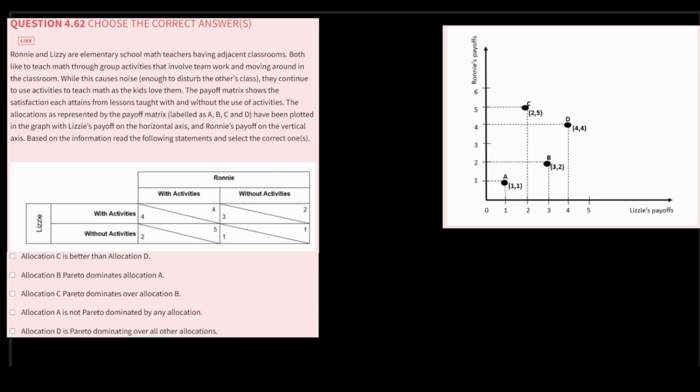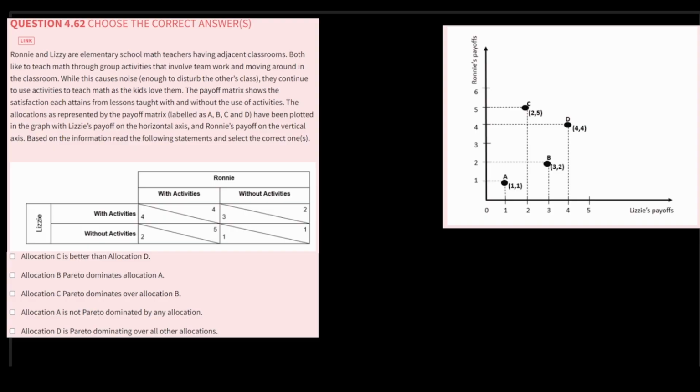Okay, so a bunch of information here. I've plopped it out on 2 different parts so we can see it all. We have Ronnie and Lizzie, who are elementary school math teachers with adjacent classrooms. Both like to teach math through group activities that involve teamwork and moving around in the classroom. That's an exciting way to teach math. While this causes noise enough to disturb the other's class, they continue to use activities to teach math as the kids love them.